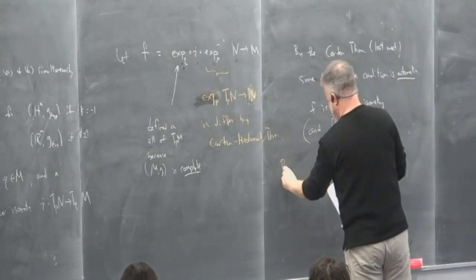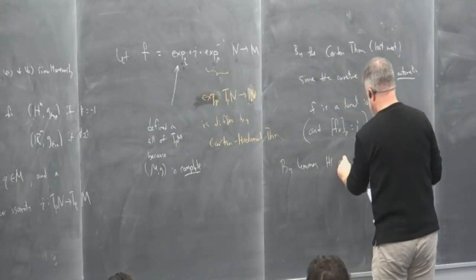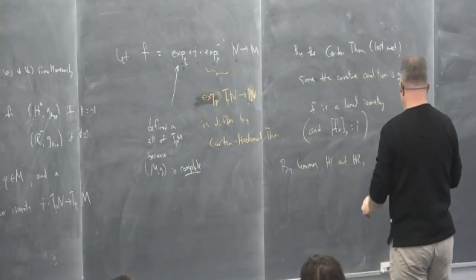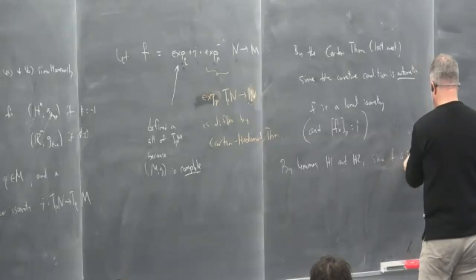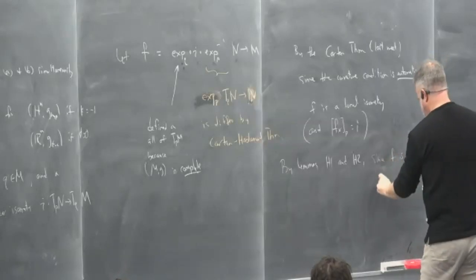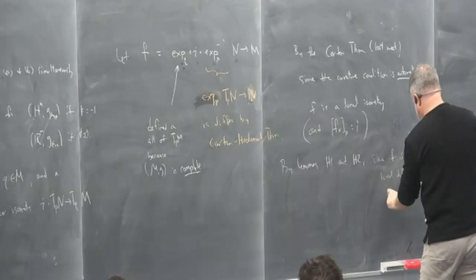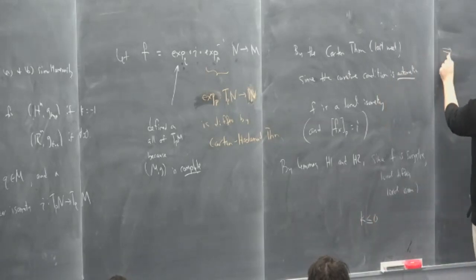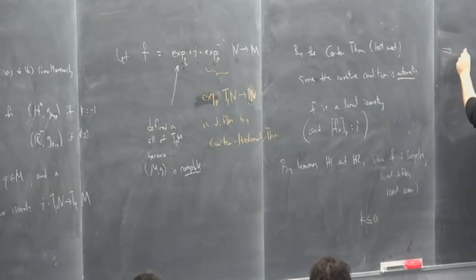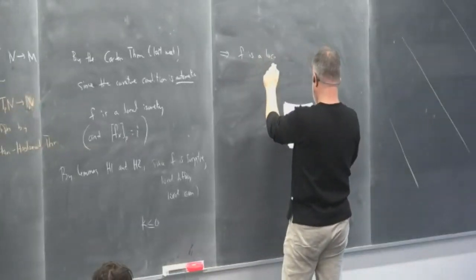And then by lemmas H1 and H2 from last week, since F is surjective, a local diffeomorphism and a local isometry, and K is less than or equal to 0, this implies that F is a local diffeomorphism. So local, what am I doing?